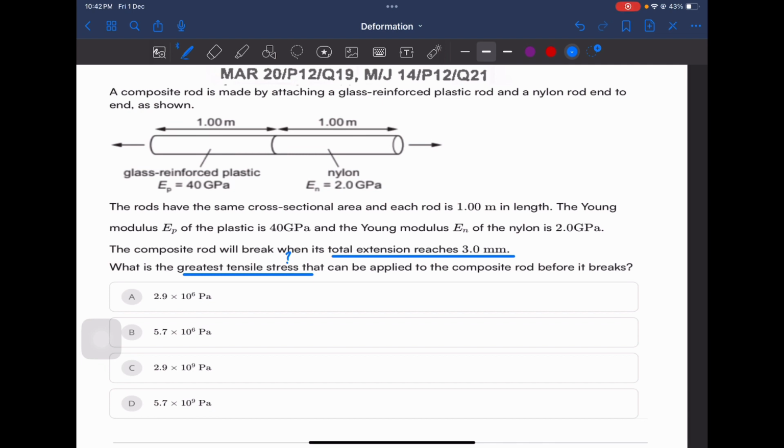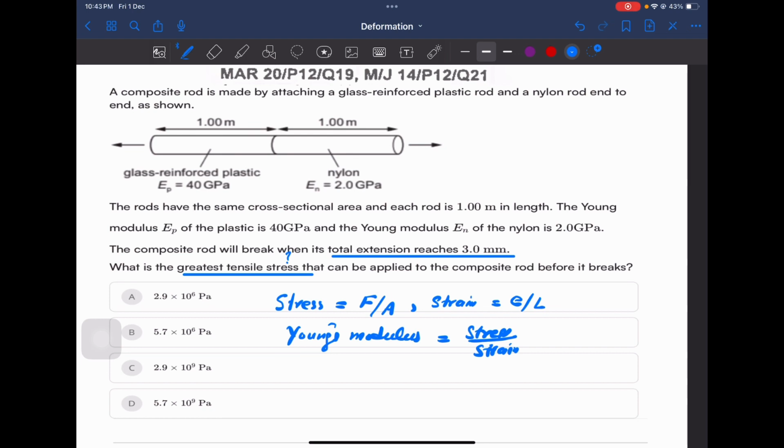So let's write it over here. Stress is force upon area. Strain is extension by original length, your initial length. And Young's modulus is stress by strain, as we know. So I can write Young's modulus E equals stress by extension by length.